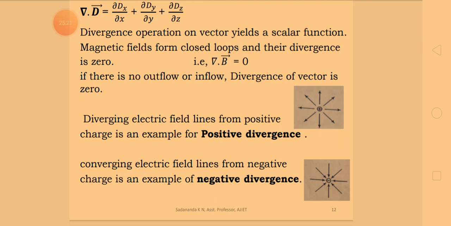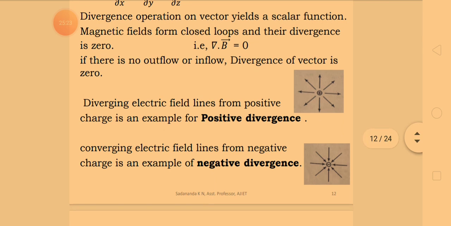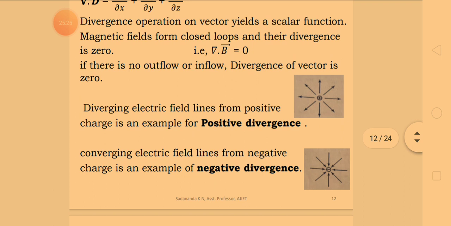Electric field lines from the positive charge are always a source of divergence, which means the field lines are always emanating or diverging from the positive charge. Therefore, it is an example of positive divergence, whereas electric field lines always converge at the negative charge, therefore it is an example of negative divergence.